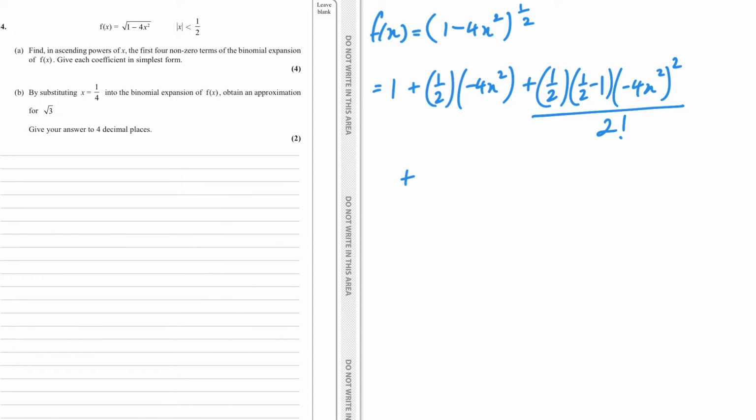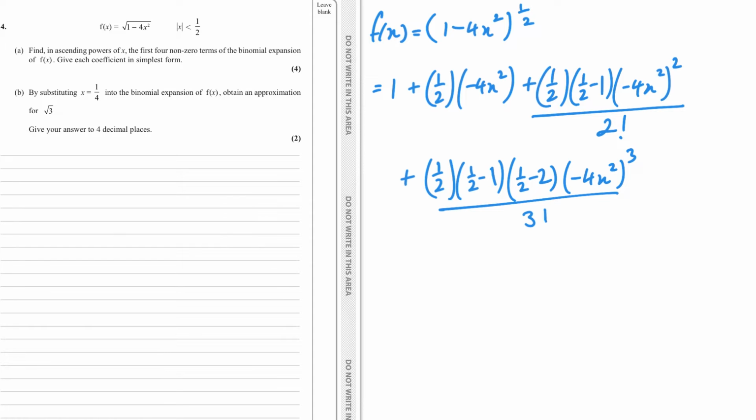And we want one more term, so we've got a half times a half minus 1 times a half minus 2, times minus 4x squared cubed over 3 factorial.